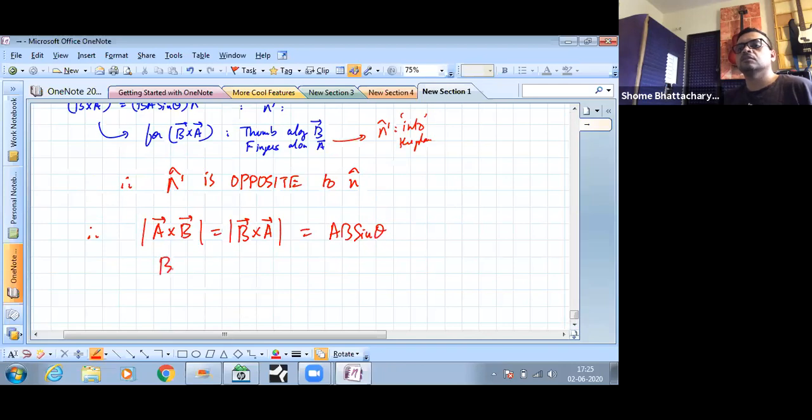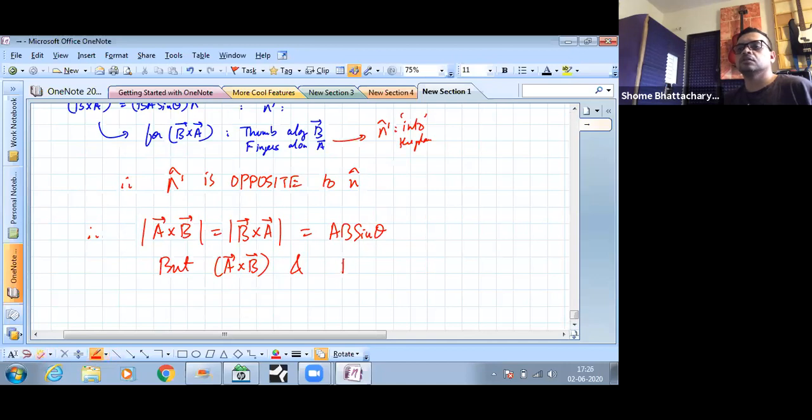But as vectors, this one and this one have opposite directions.